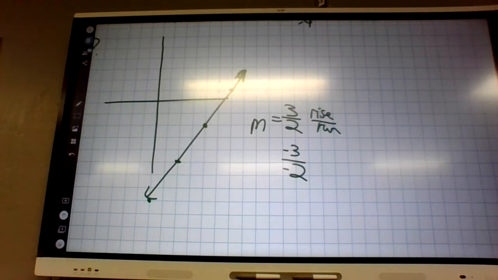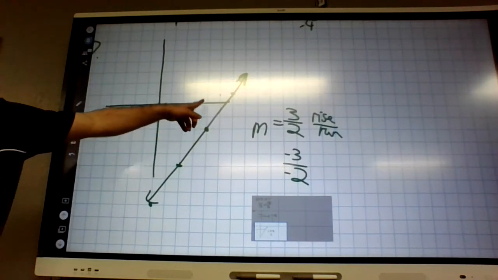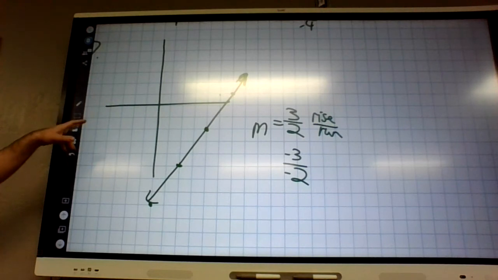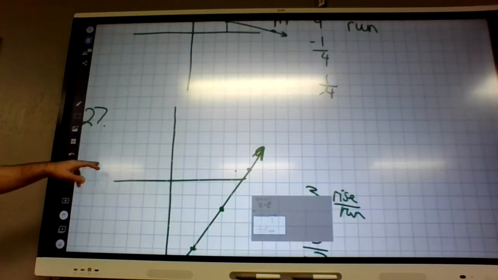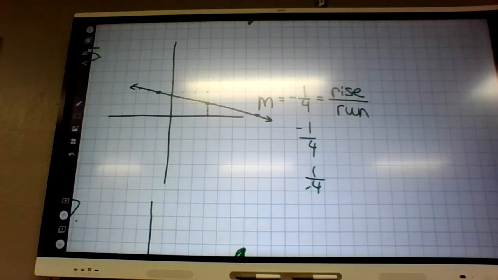Can you scroll back to that? Is that last one at 7-1? Just count up 3 and over 2. Count up 3 and right 2 from 5, -2.